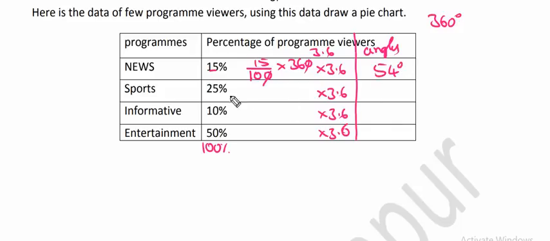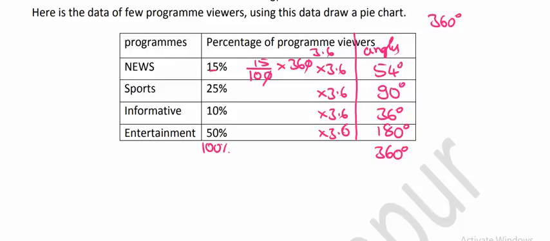Multiplying 25 by 3.6 gives 90 degrees. Multiplying the 10 gives 36 degrees, and the last one gives 180 degrees. Adding these gives 360 degrees. By using this data you draw the pie chart.